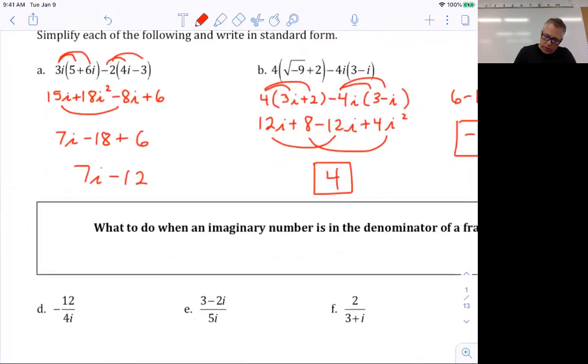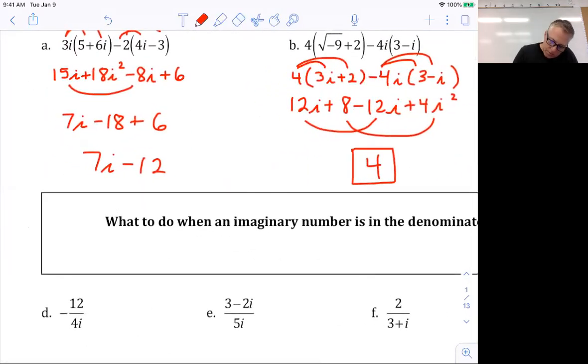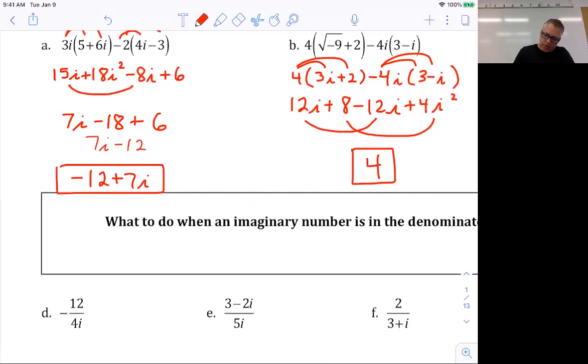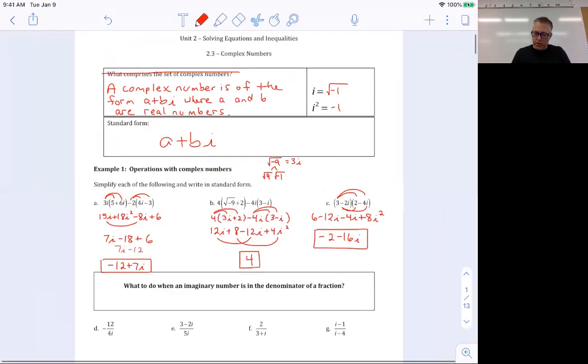So when we get down to here, I'm going to move this up a little bit and write that as negative 12 plus 7i, so that it's in that standard form that we talked about for a complex number. Okay?